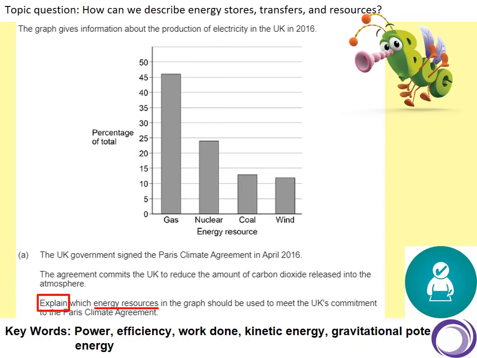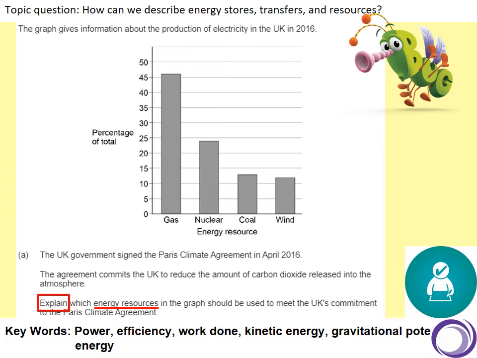So your command word here is explain. Which energy resources in the graph should be used to meet the UK's commitment to the Paris Climate Agreement? So you will need to pick the energy resource that you think the UK should use to meet the Paris Climate Agreement, and tell me why that is as well.